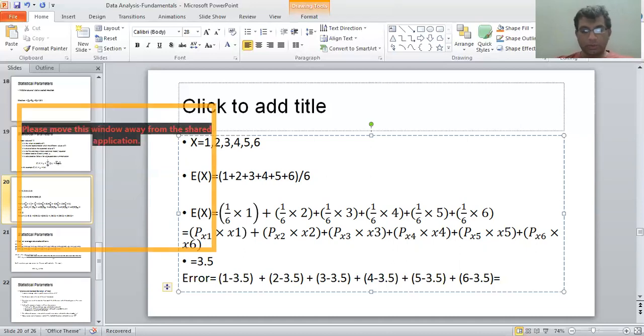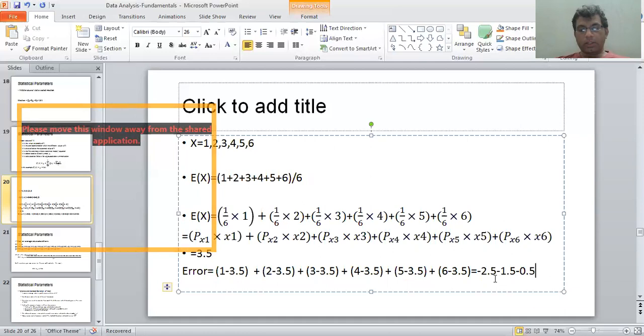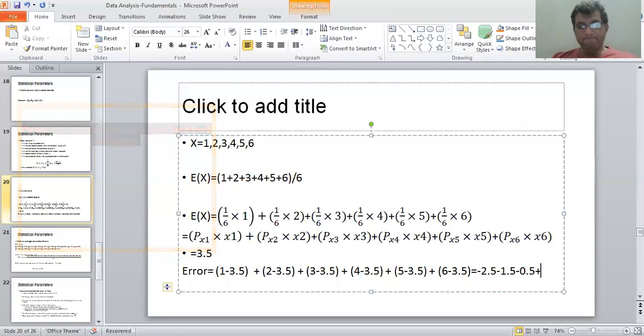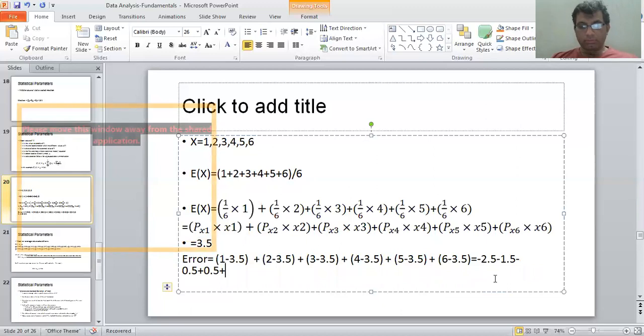It is minus 2.5 plus, sorry, minus 1.5, and then minus 0.5. 3 minus 3.5 is minus 0.5, and then plus 0.5, and then plus 1.5, and then plus 2.5.